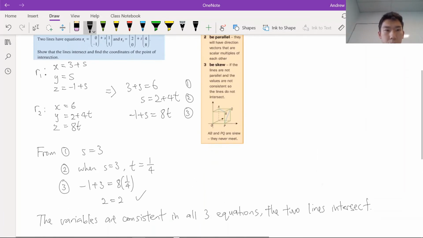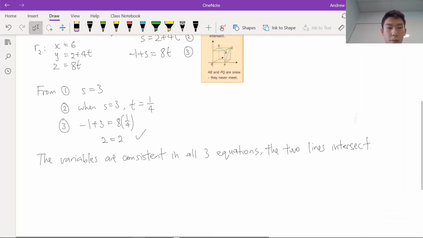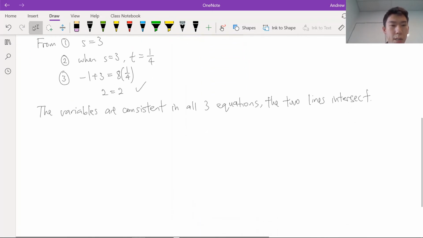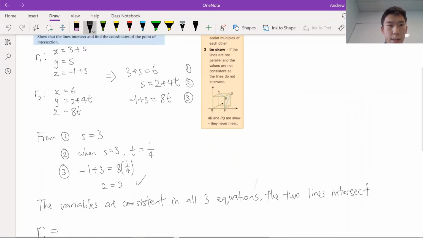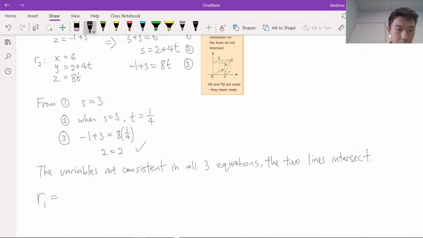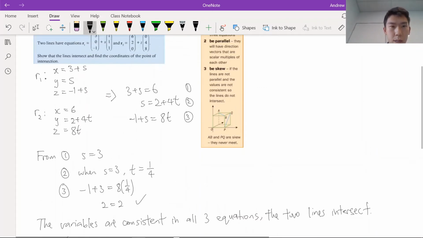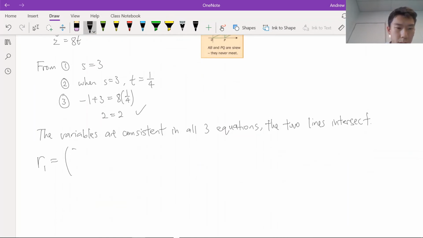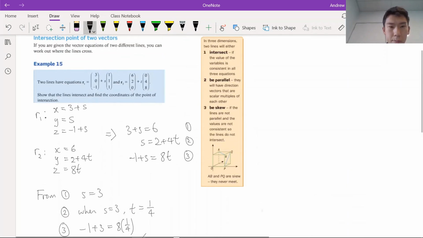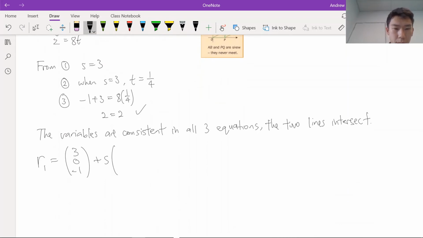Now, the next thing we need to do is find the coordinates of the point of intersection. Okay, well, let's just use one of the equations. Let's use R1. Doesn't really matter because we know now they intersect, right? So R1 is (3, 0, negative 1) plus s(1, 1, 1).